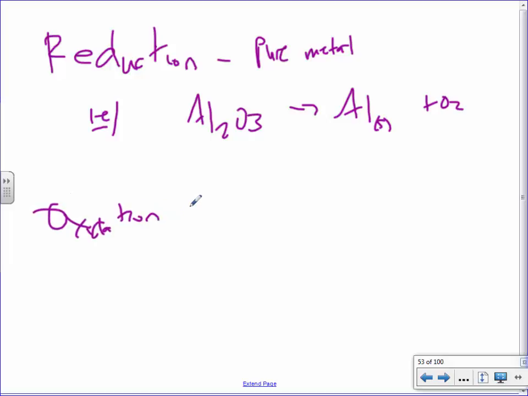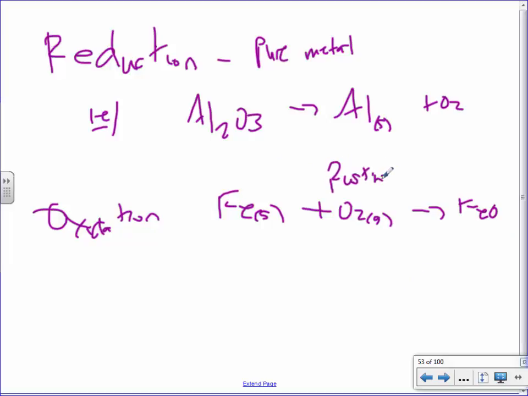Oxidation would be kind of the reverse process, where maybe you have some pure iron, and you add it to oxygen gas, and it makes an impure metal. Usually we have another name for this. We call this rusting.